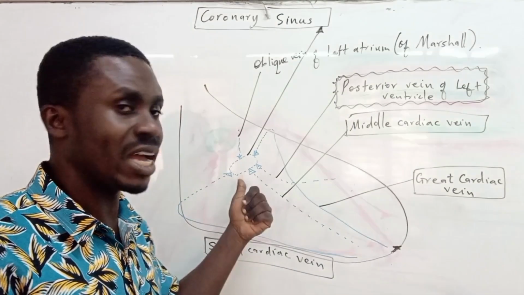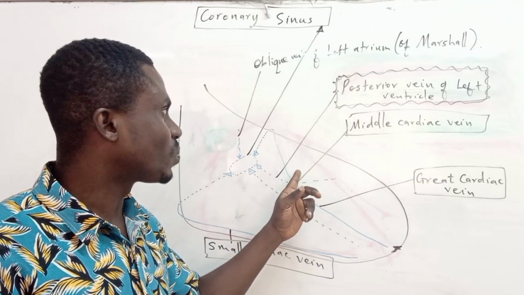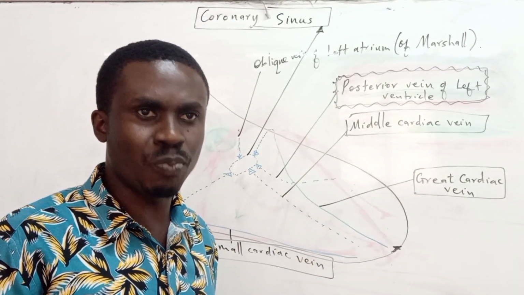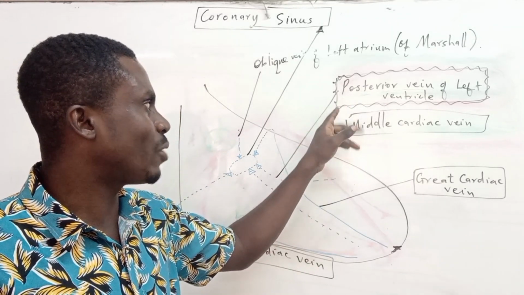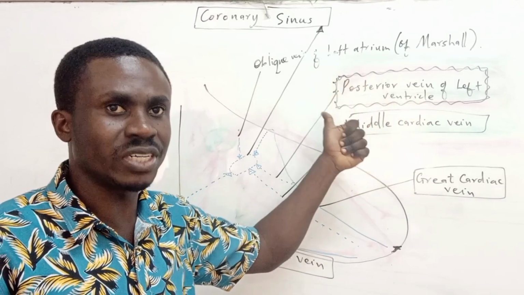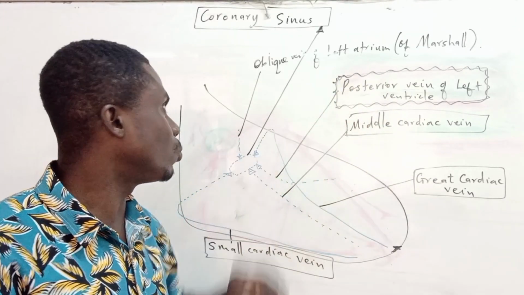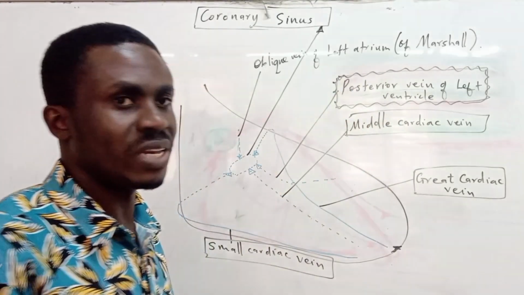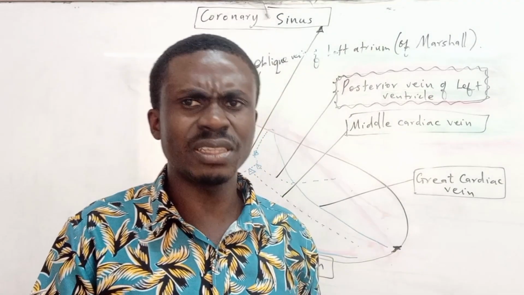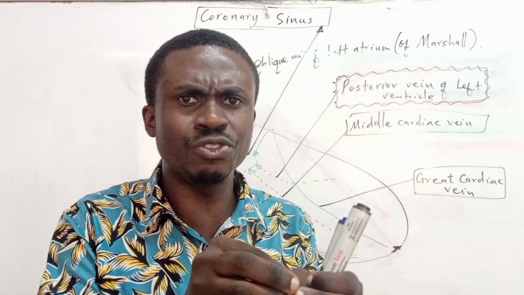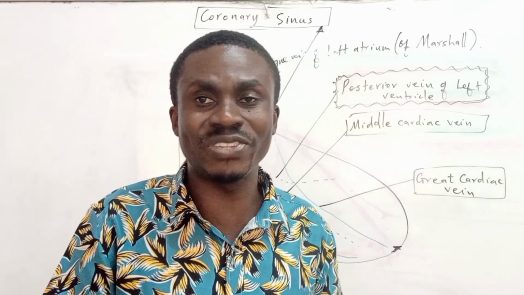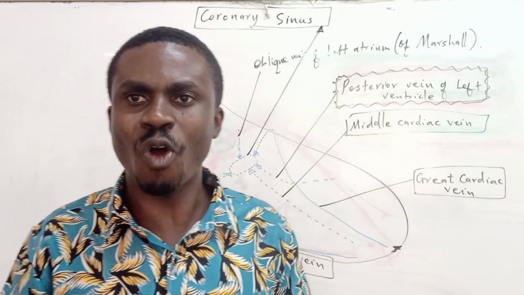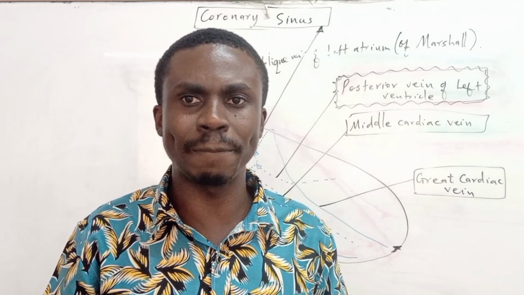You mentioned the small cardiac vein, the middle cardiac vein. They will be moving along with some important coronary arteries, and then you go to the posterior vein of left ventricle, and then also the oblique vein of left atrium. That's a normal case. They are supposed to drain into the coronary sinus, and from the coronary sinus it will drain into the right atrium of the heart in the smooth posterior wall.